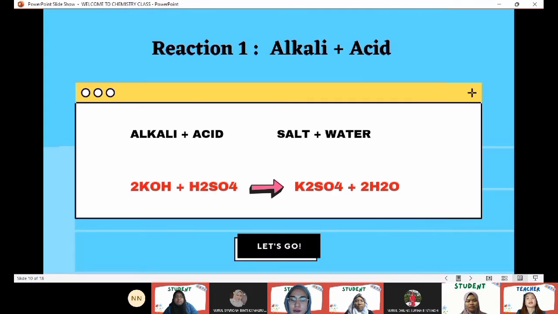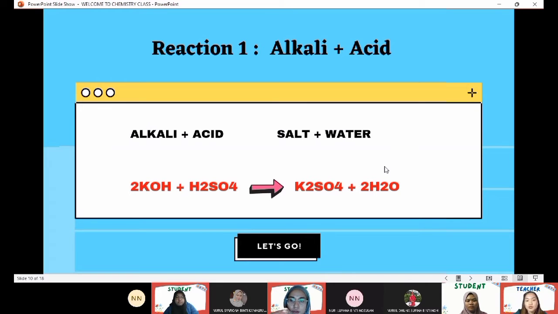For the first property of alkali, we can see from the reaction, alkali reacts with acid to produce salt and water. For example, potassium hydroxide reacts with sulfuric acid, and then the product will be potassium sulfate plus water.